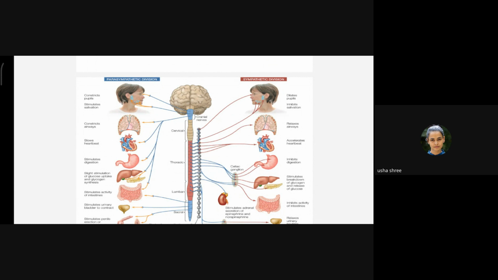So, in sympathetic activation, our pupil dilates and salivation inhibits, meaning salivation reduces. Airway relaxes. How?